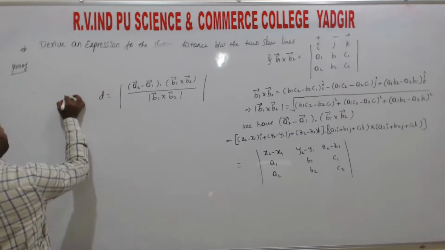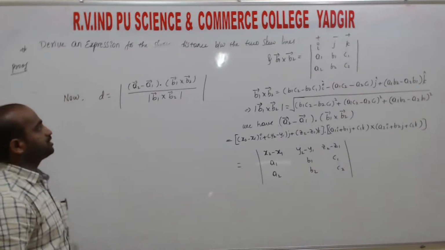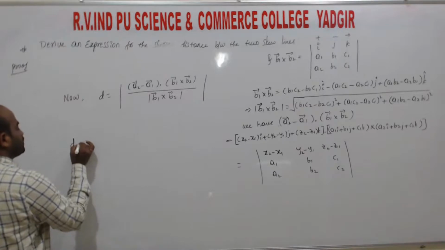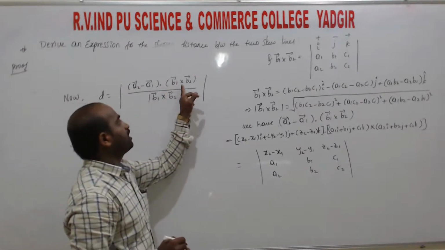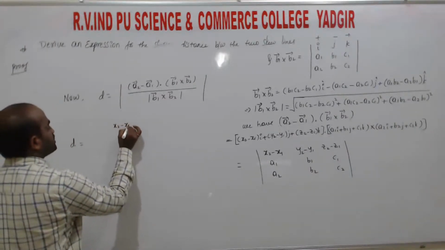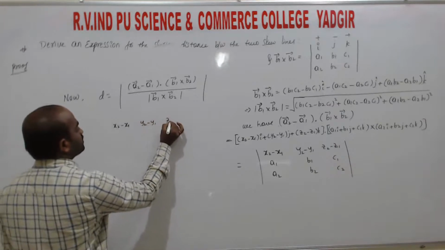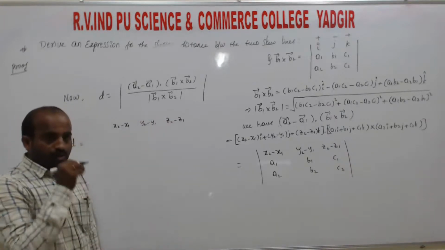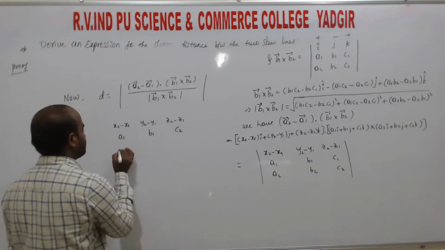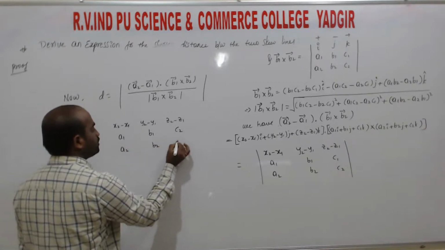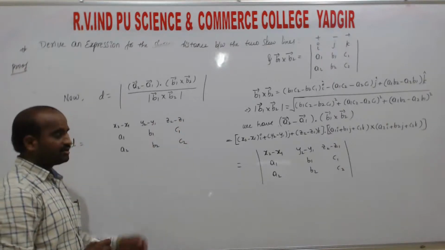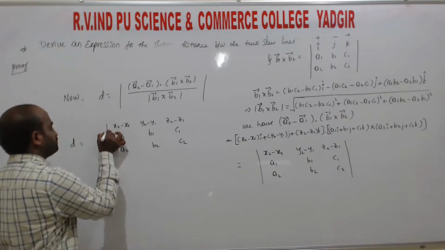Now D is equal to, in vector form, (a2 minus a1) dot (b1 cross b2), which is the determinant of x2 minus x1, y2 minus y1, z2 minus z1, then a1, b1, c1, then a2, b2, c2.